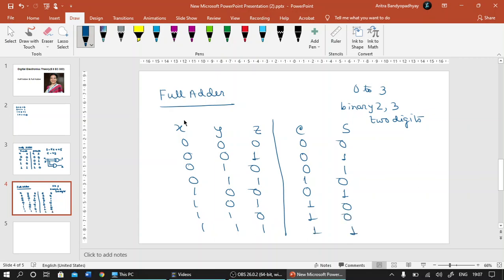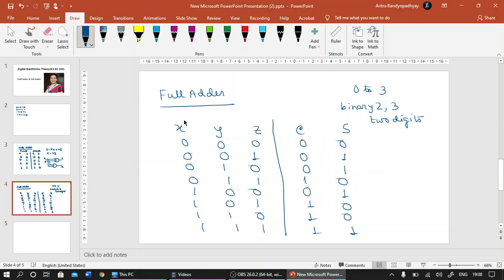The 8 rows under the input variables designate all possible combinations of ones and zeros that these variables may have. The ones and zeros for the output variables are determined from the arithmetic sum of the input bits. When all input bits are zeros, the output is 0. The S output is equal to 1 when only one input is equal to 1, or when all three inputs are equal to 1.